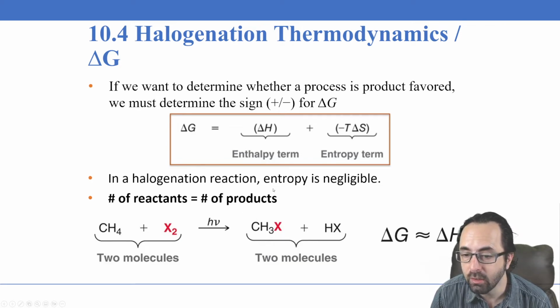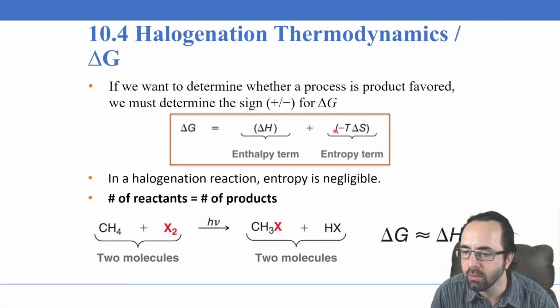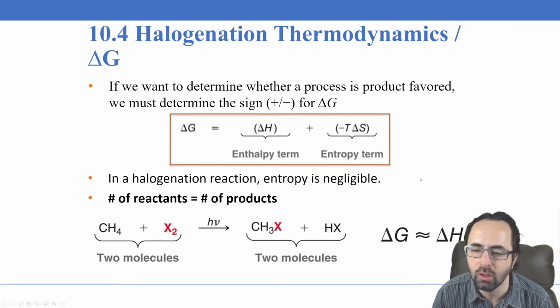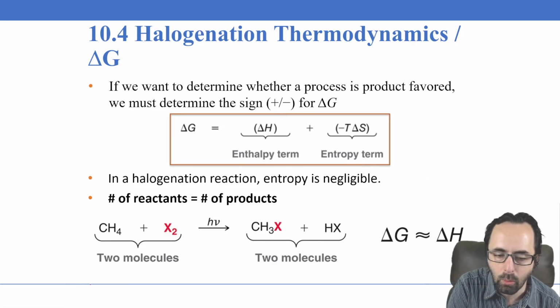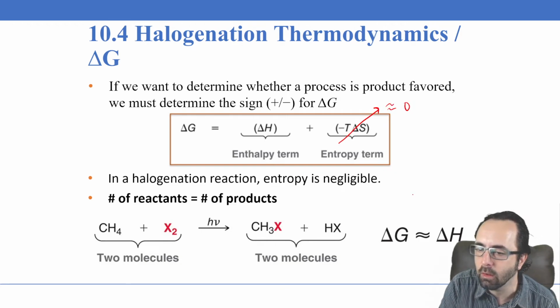In the halogenation reaction we just saw, this was the overall reaction. Here we have two reactants and we have two products. So in terms of the entropy, there's not going to be a significant change in entropy here. So what we're going to say is this whole entropy term, the change in entropy, is close to zero.